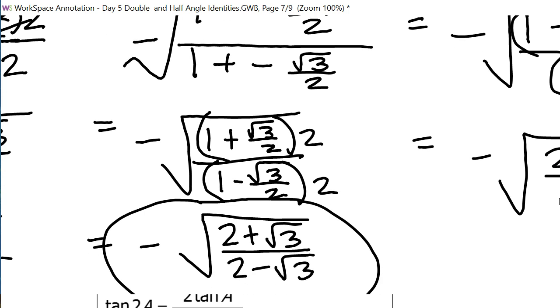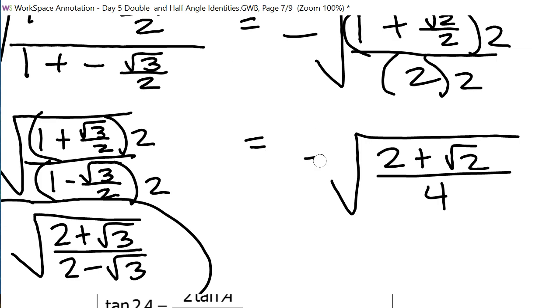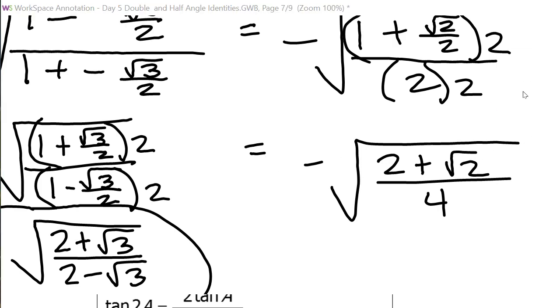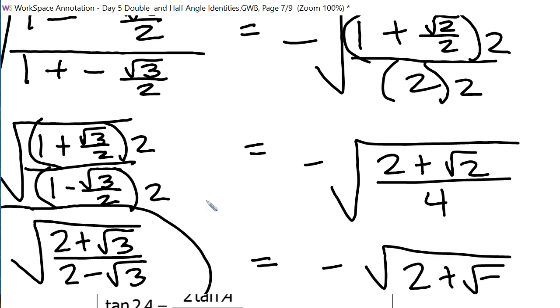Can I leave my answer like that? No, I cannot leave a perfect square in the denominator. So square root the numerator, and when you square root the denominator, square root of 4 is 2. So do not leave a perfect square in the denominator of a square root.